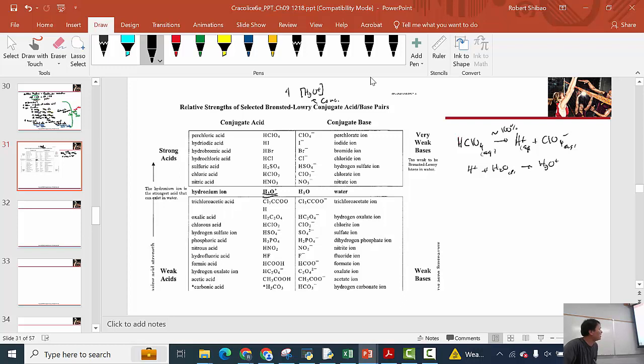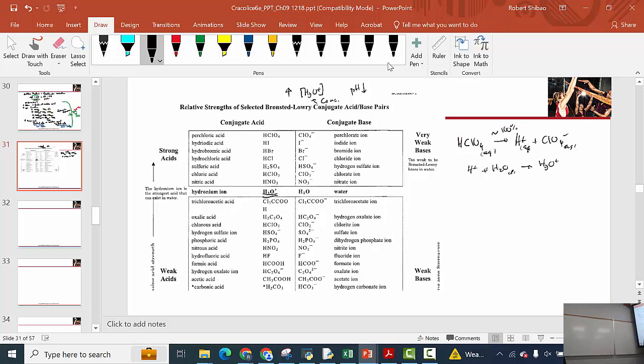As the hydronium ion concentration increases, the pH actually decreases. It's inversely proportional. So the strong acids all have low pH, and then the pH starts to rise because you get less hydronium.